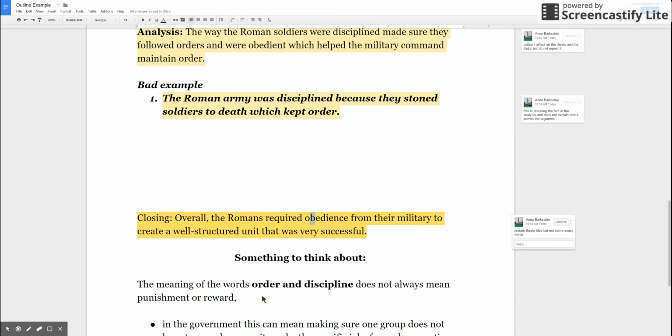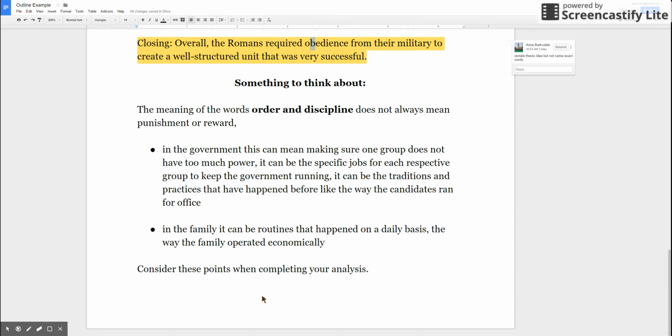All right. So I wanted to put the last piece in words, and I'm going to say it as well. Something to think about tonight, I would also think about the words order and discipline. Remember, this doesn't always mean punishment or reward. We talked about how in the government, this can mean making sure one group does not have too much power. It can be specific jobs for their respective group.